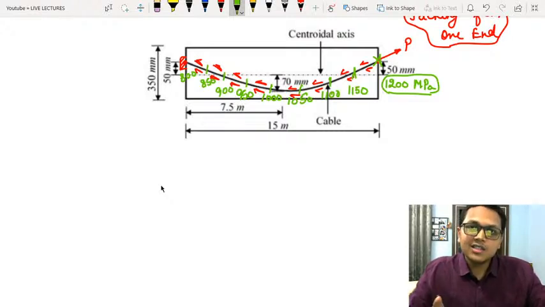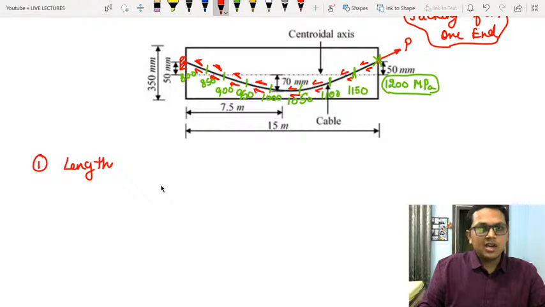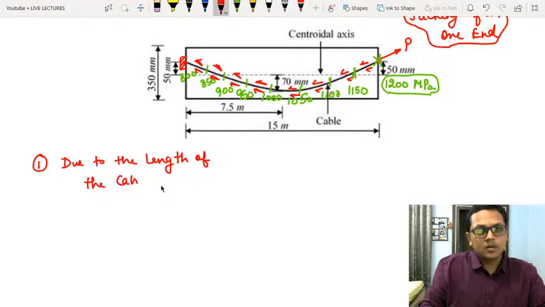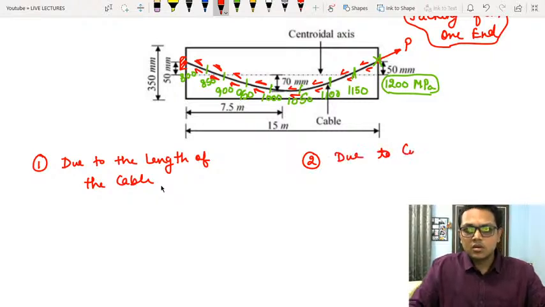Now this has been taken into consideration using two factors. First is the loss due to the length of the cable, and another one is due to curvature of the cable.